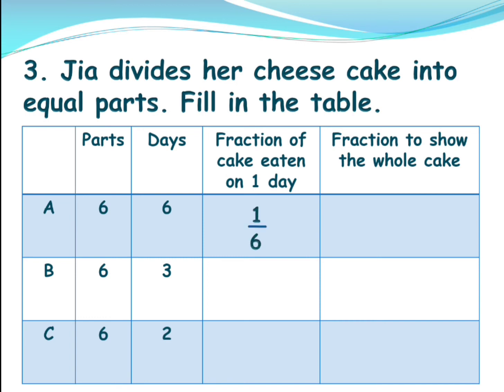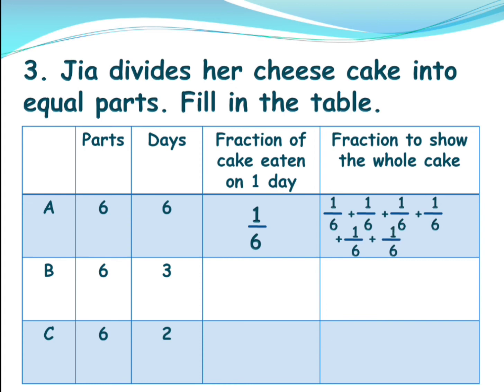Isn't it, children? And how can we show the whole cake? That is 1 by 6 plus 1 by 6, 2 days we finished. Then the third day 1 by 6, the fourth day 1 by 6, the fifth day 1 by 6, and the sixth day 1 by 6.